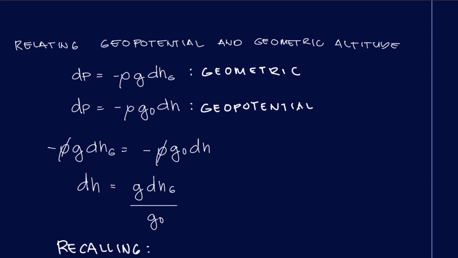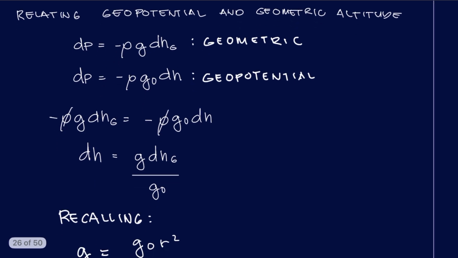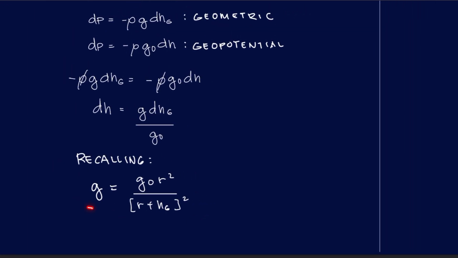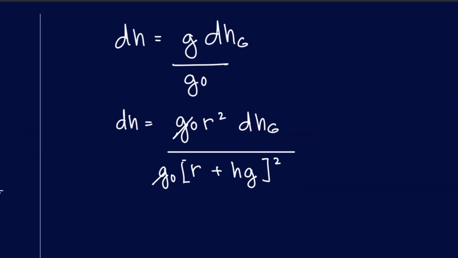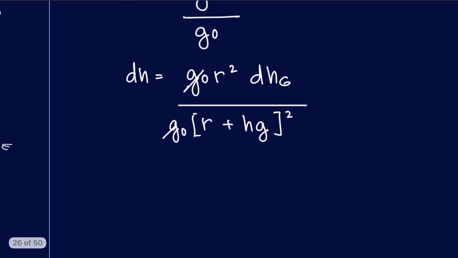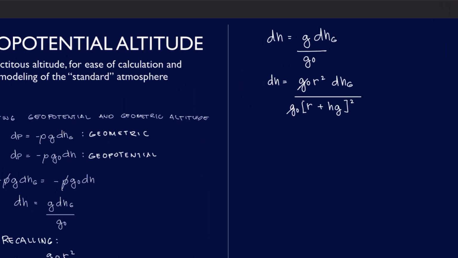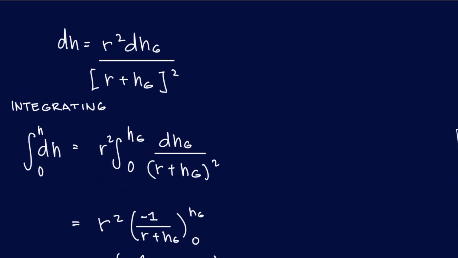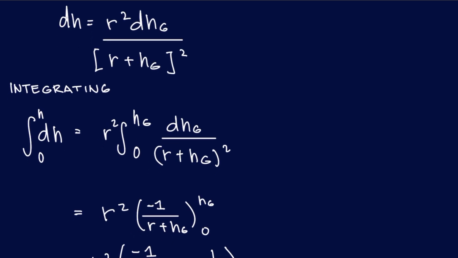We get dH equals G dHg over G0, and recalling from the earlier derivation that the variation of gravity is given by the gravity at sea level times the radius of the Earth squared divided by the absolute altitude squared, substituting that here, we get dH equals G0 R squared dHg over G0 times the absolute altitude, giving dH equals R squared dHg over (R plus Hg) squared.